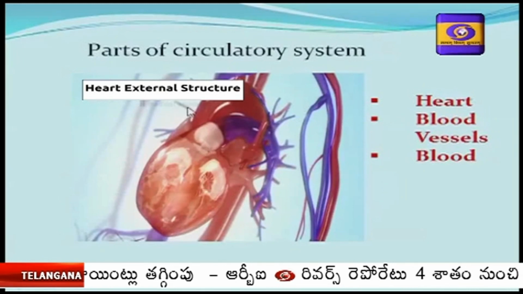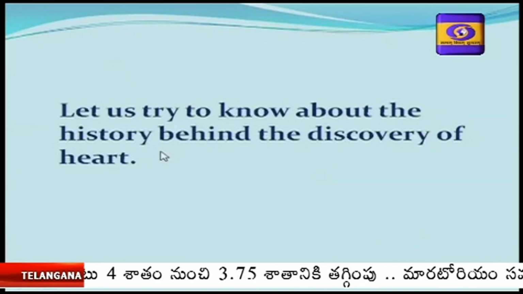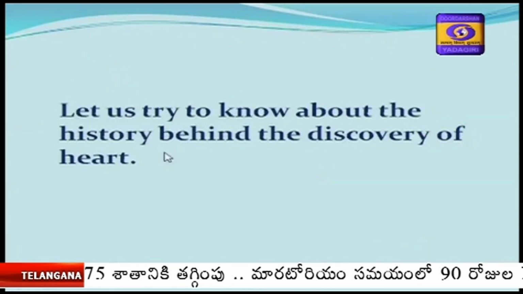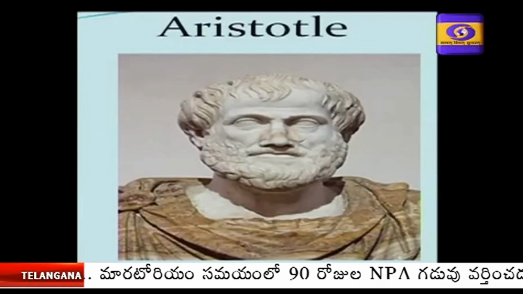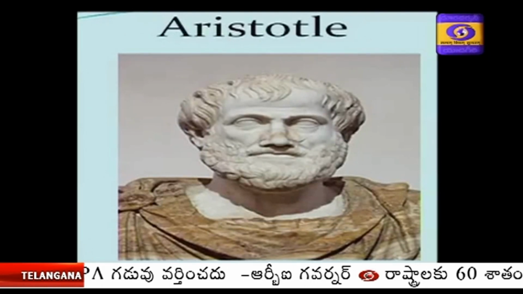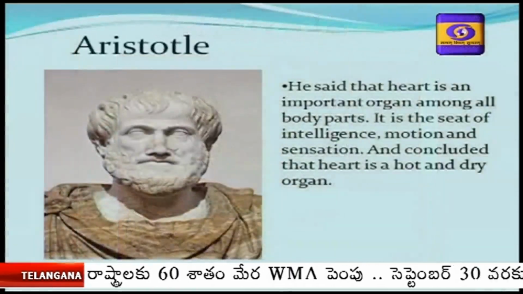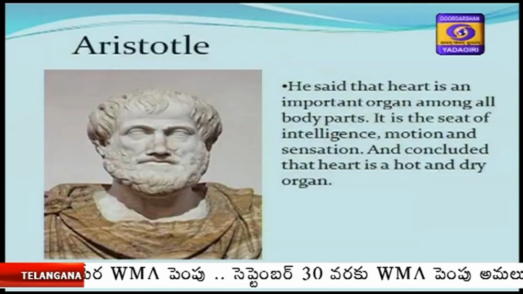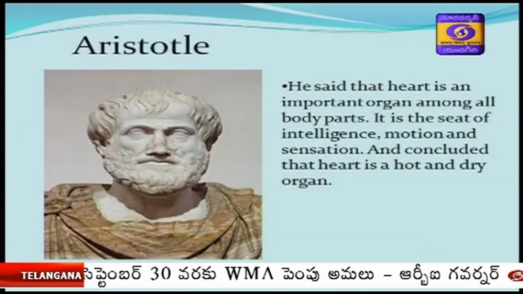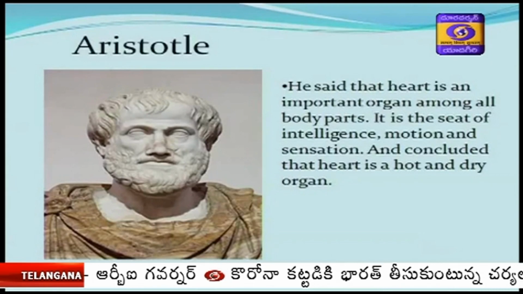Before going into the detailed structure of the heart, let us try to know about the history behind the discovery of the heart. In the 4th century BC, the Greek philosopher Aristotle identified the heart as the most important organ of the body. He said that it was the seat of intelligence, motion and sensation, and he considered it a hot and dry organ.